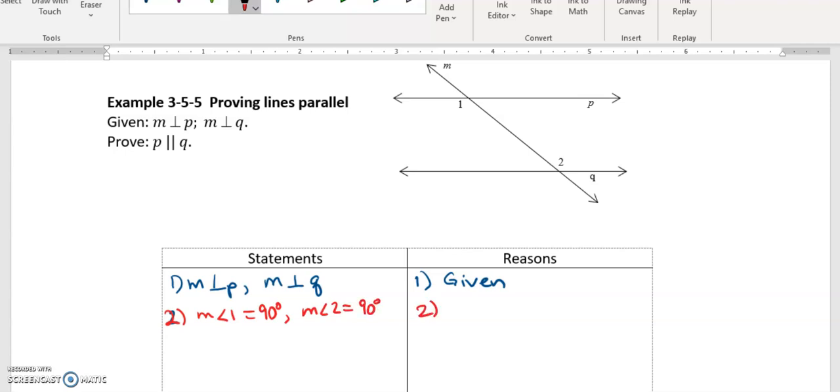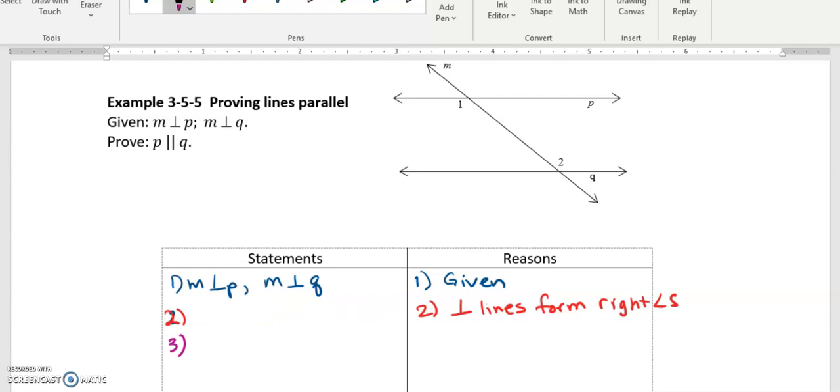And that was from one of our perpendicular lines form right angles. And then we have, actually, let me not write that way. Let me write angle 1 and angle 2 are right angles. Because we can't really jump there yet.